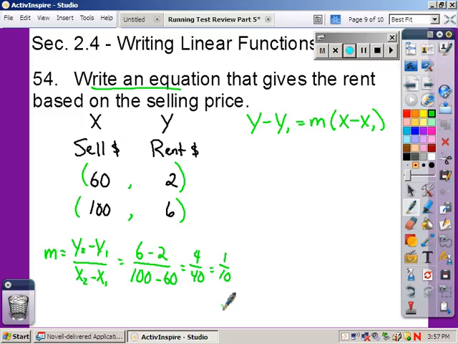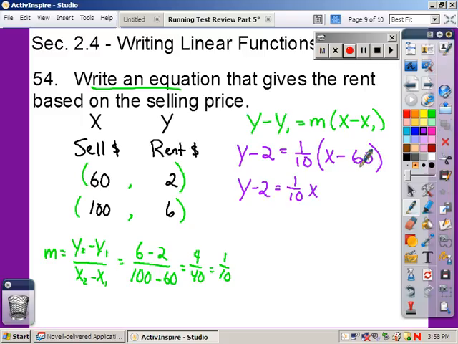Okay, so we're almost done. We have our slope, and we have a point. Let's put it in the point-slope equation. So y minus y1 is 2. m we now know is 1 over 10. x minus x1 is 60. And now I need to clean this up a little. 1 over 10 times x.